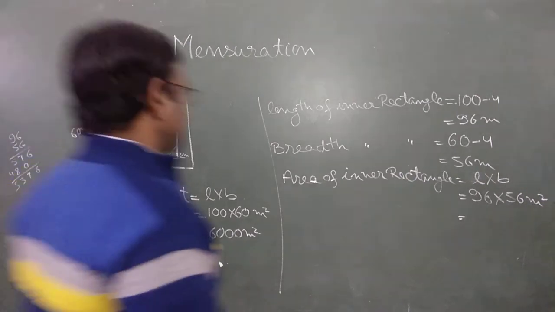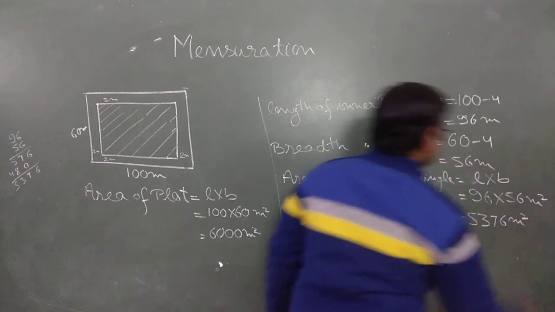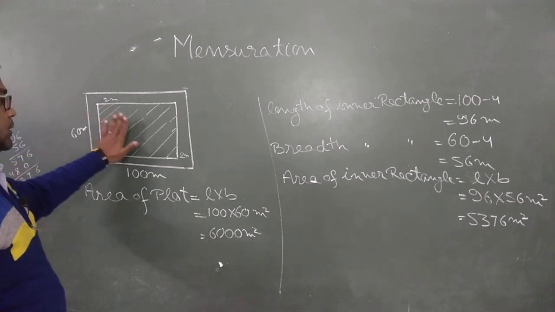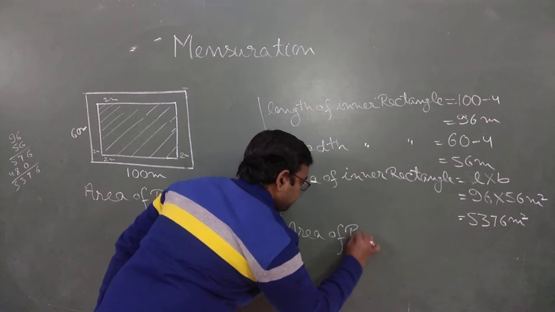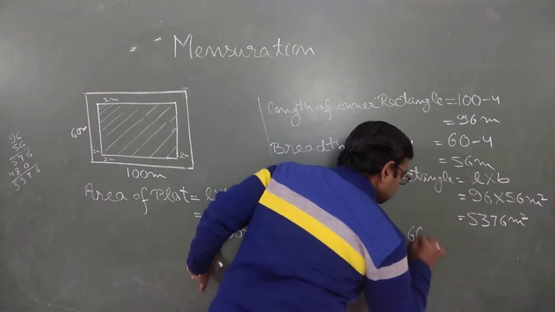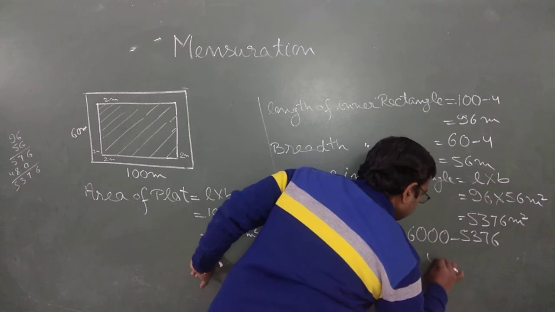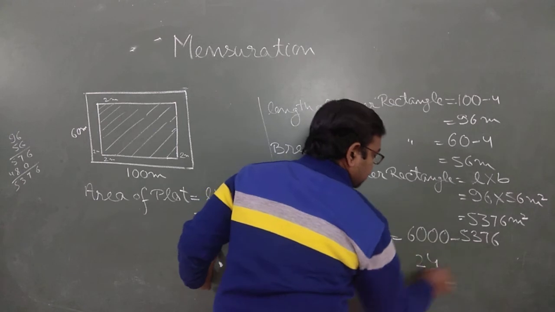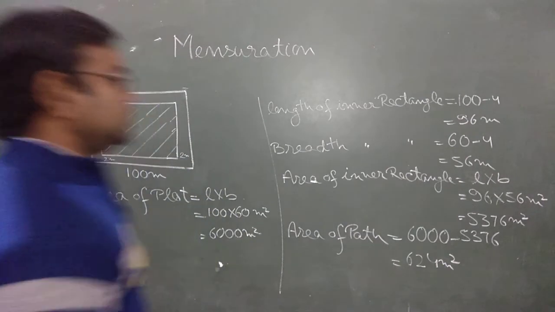So your answer is 5376 meter square. So what is the area of the path? This area minus this area, equals 6000 minus 5376. 4, 2, 10 minus 6 is 4, 9 minus 7 is 2, 9 minus 3 is 6, so 624 meter square. This is your answer.